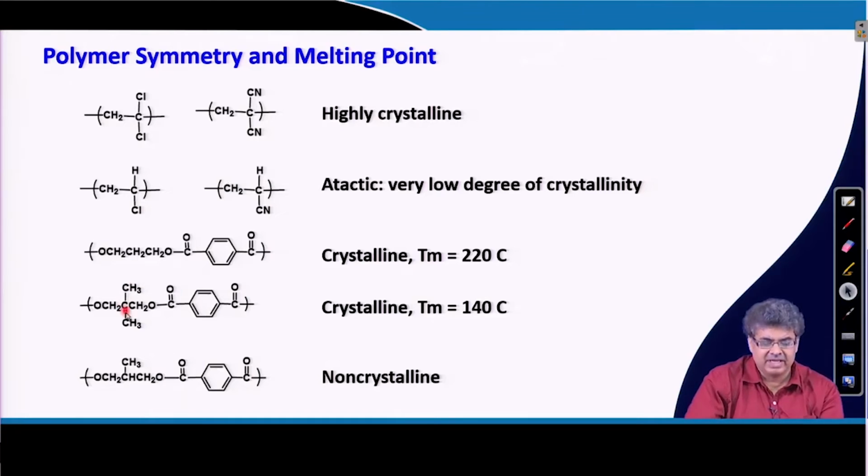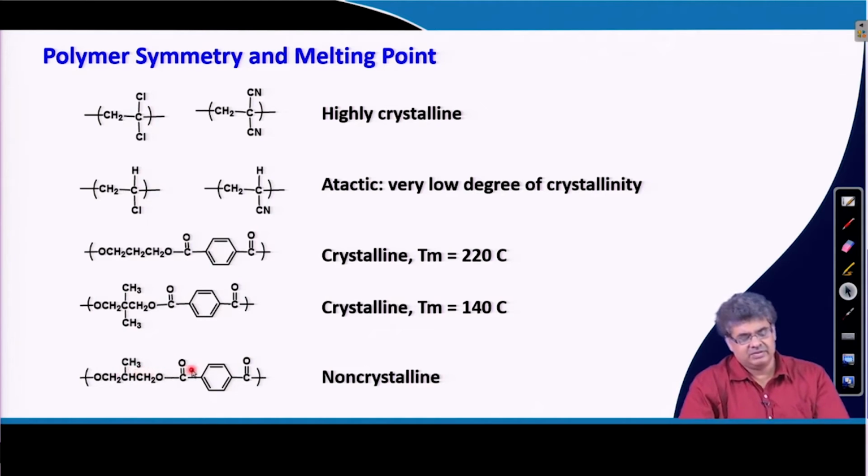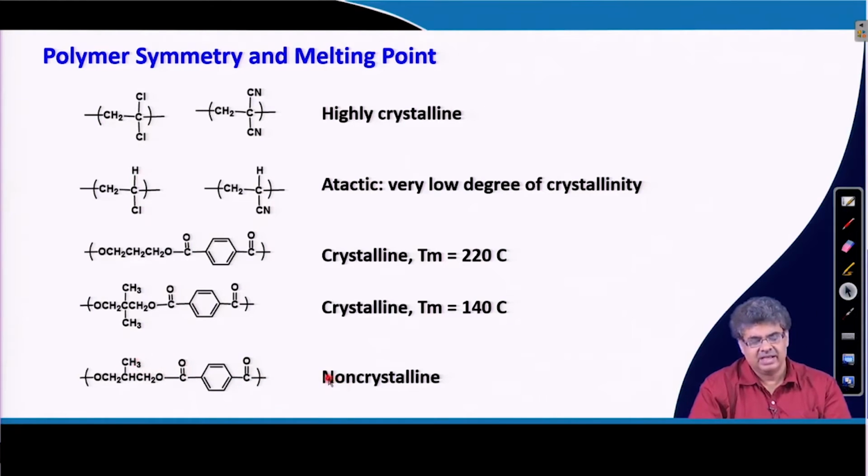Similarly, if we compare between these three, this is non-symmetric, so it is not crystalline, and this has much more symmetry and is a simpler molecule. Hence, the feasibility of this molecule to undergo crystallization is much more compared to this. Hence, the Tm for this is much higher than for this molecule.